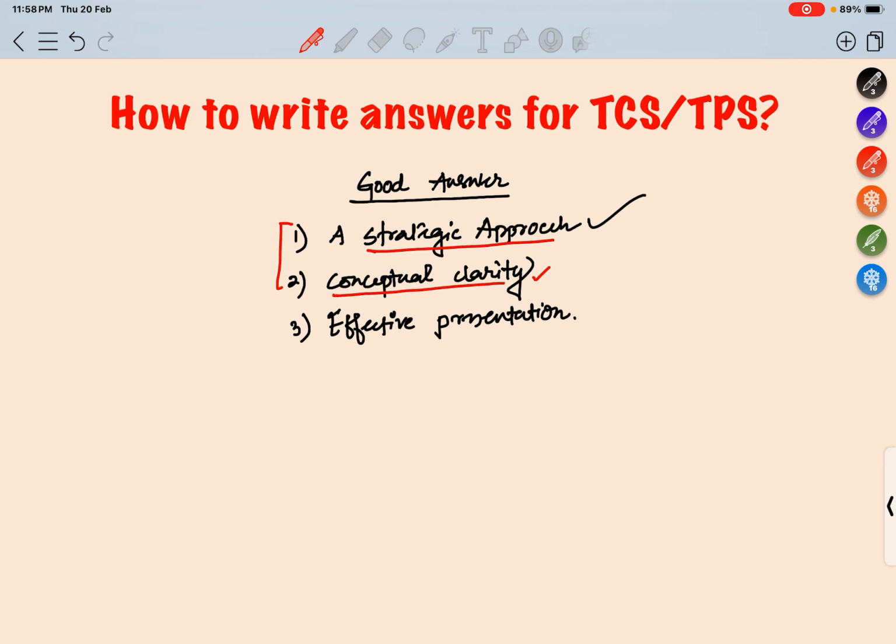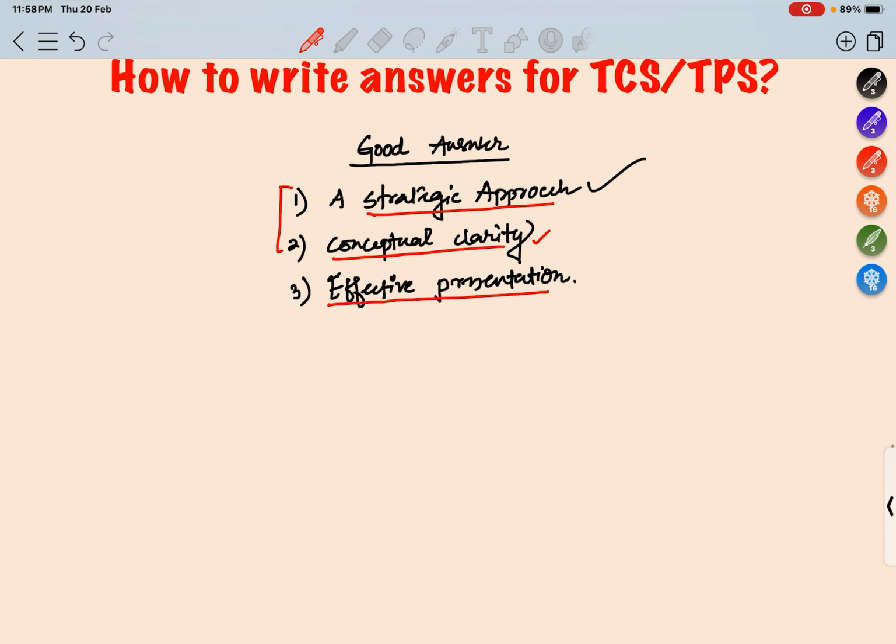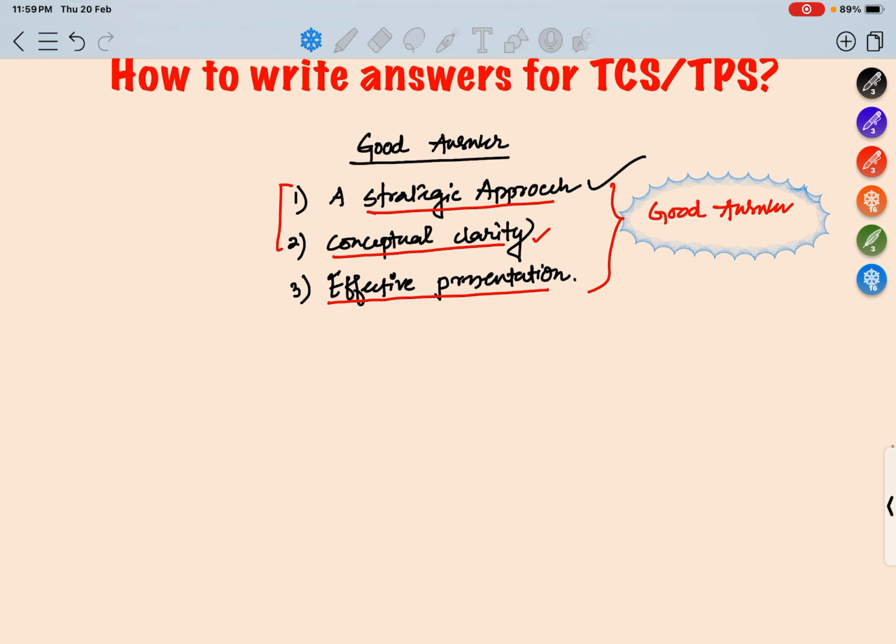If the presentation is good, then only these three things all together will make a good answer. To sync these three things and put them on the answer paper, we have to know a few more things about answer writing. I'll discuss each and every point in detail, just bear with me.